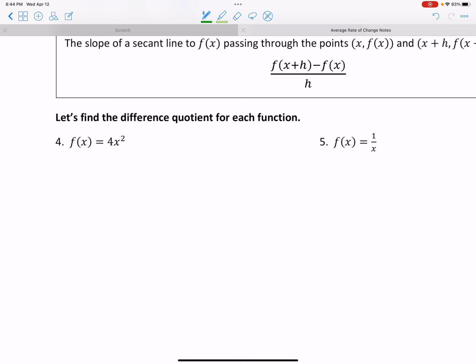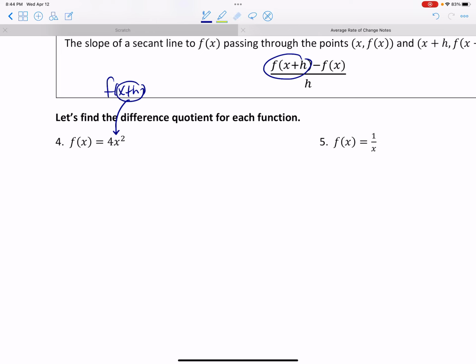So first, if I wanted to find f of x plus h, okay, what does it mean? Well, if I said to find f of 4, I know what that means. It means take 4 and plug it in. Same concept, okay? If I want to find f of x plus h, which is what I have to do first here, that means take x plus h and plug it in.